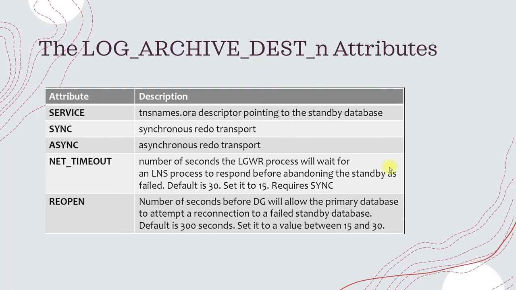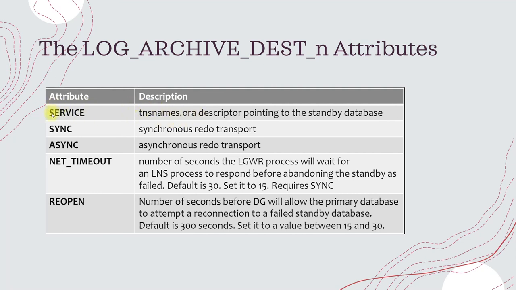Now these are the attributes, so let's go one by one. You see the service attribute. This service attribute is actually a TNS names descriptor. When you configure the primary and standby database, you will configure the TNS name and the TNS name alias for the standby database.